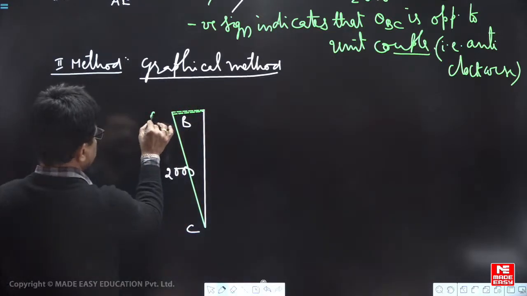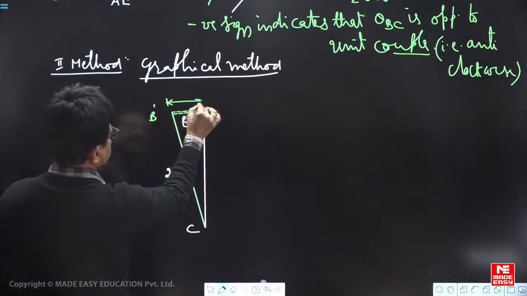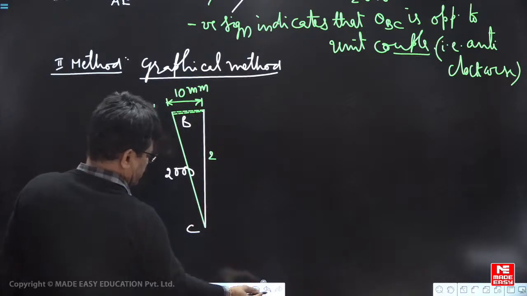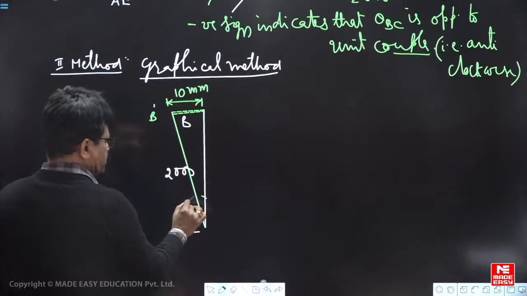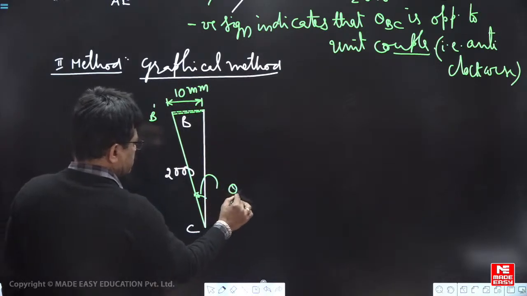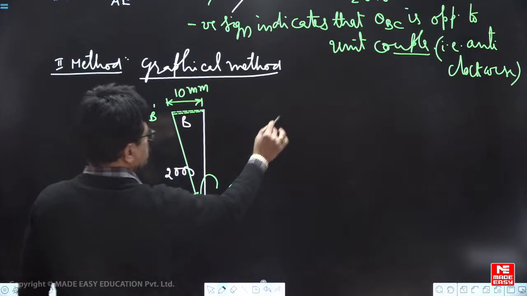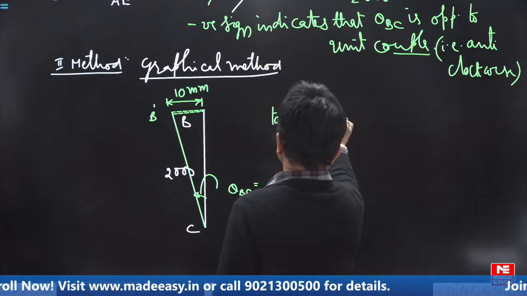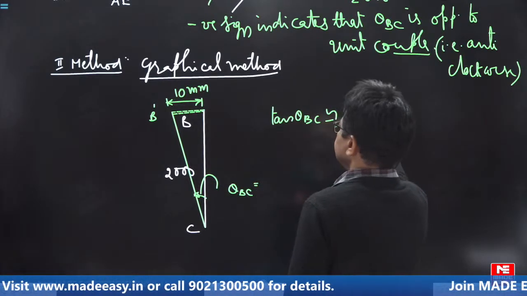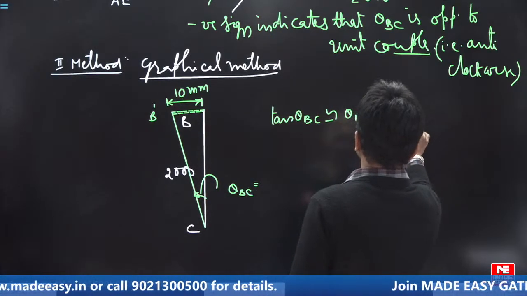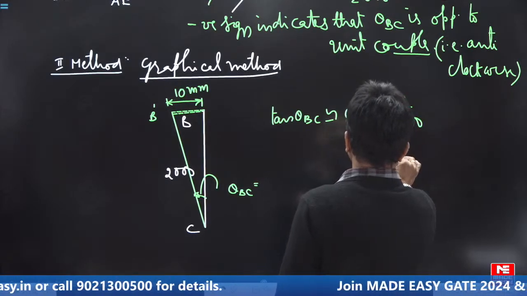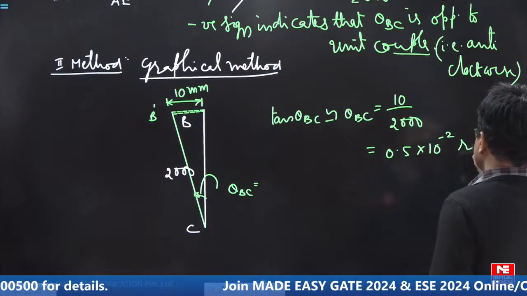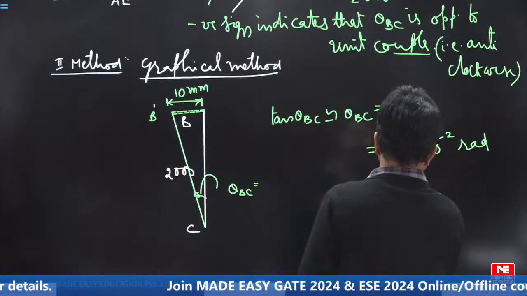B has moved to B dash, this is 10 mm. This is already given. Now this is the rotation anti-clockwise, theta BC. Tan theta BC is approximately equal to 10 by 2000. Directly you can get it 0.5 into 10 to the power of minus 2 radian anti-clockwise.